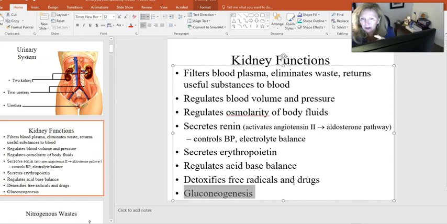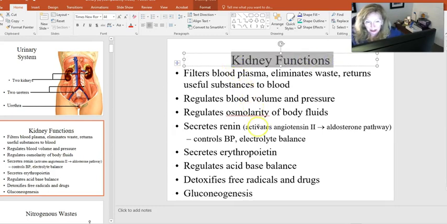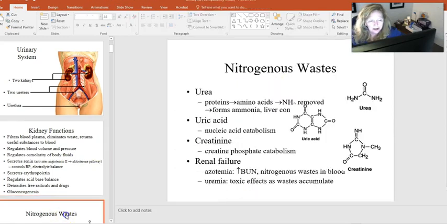Well, the kidneys can also play a role in that as well. Yes, we tend to think of it as being the pancreas's job to keep glucose in homeostasis, but other factors come into play as well. So if you didn't know these functions, make sure that you really concentrate on these and that you understand these functions of the kidneys.